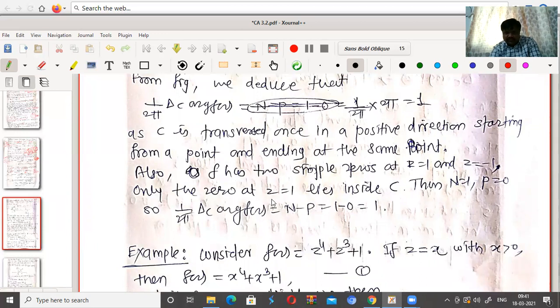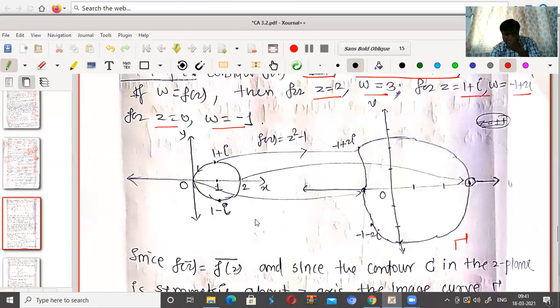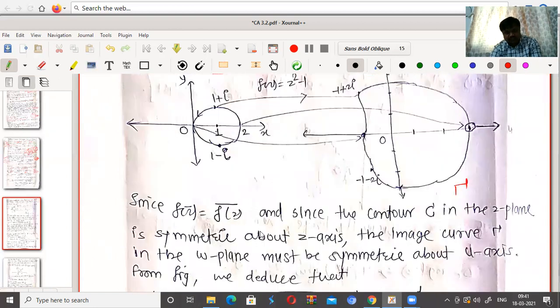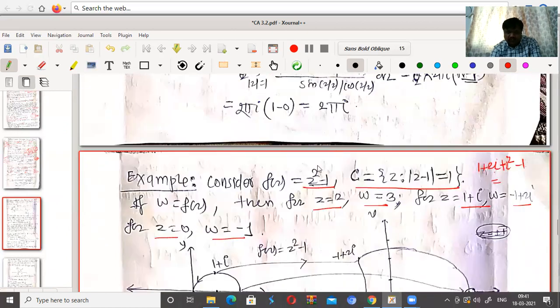Only the zero at z equal to 1 lies inside C. Minus 1 is a point here. So z equal to 1, which is a zero of this f of z, only lies inside. So capital N is 1. There is no pole for this function.